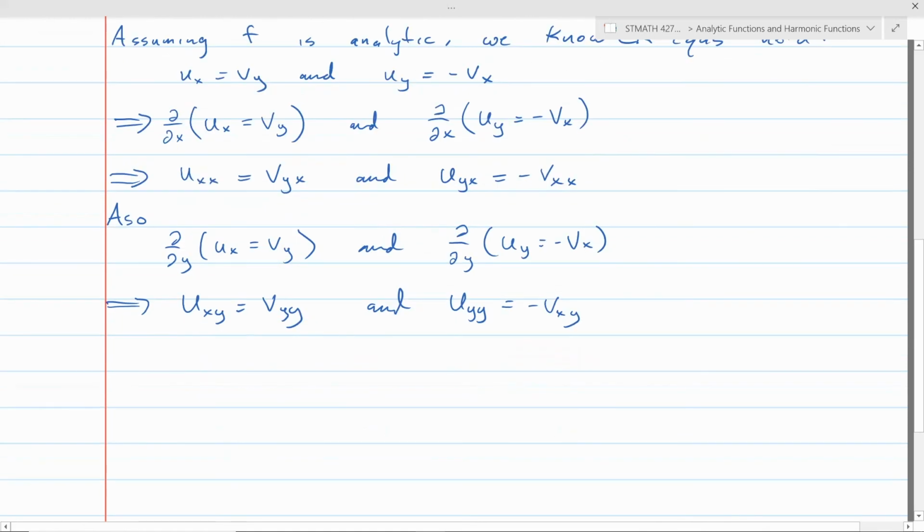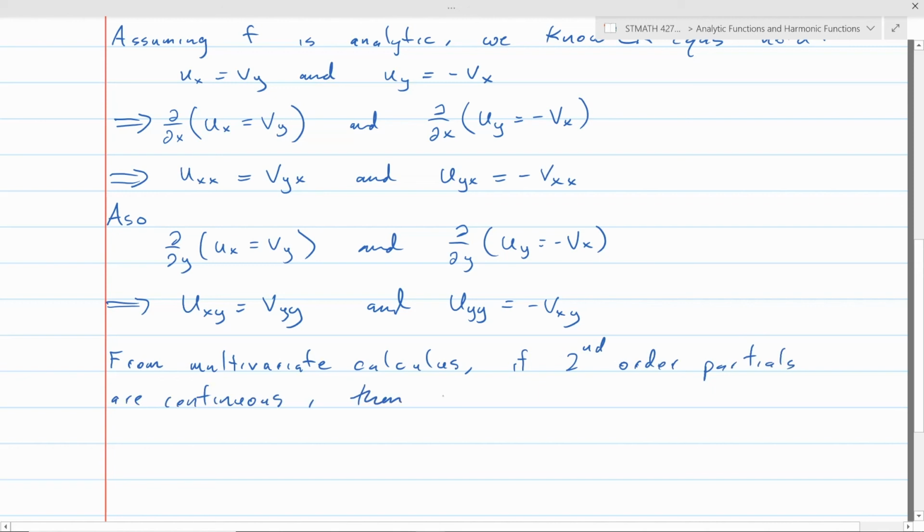Something we'll have to remember from multivariate calculus: if the second order partials are continuous, then the mixed partials are equal. So we know u_xy equals u_yx and v_yx equals v_xy.